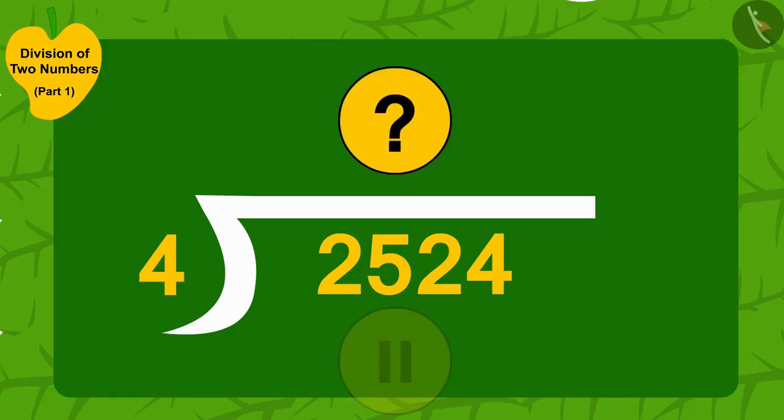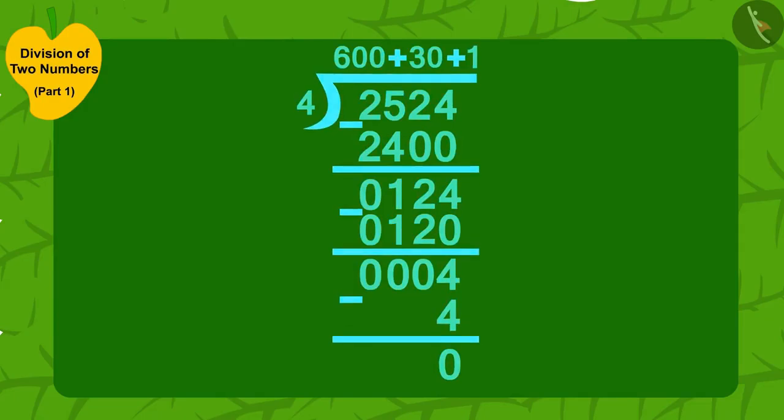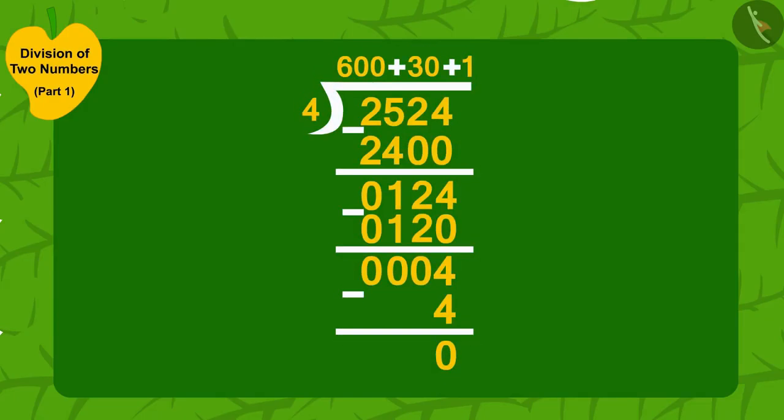If you want, you can stop the video and find the answer. We can find out by doing division in this way, so that uncle can divide 2,524 mangoes into groups of 4 mangoes and divide it equally among 631 people.